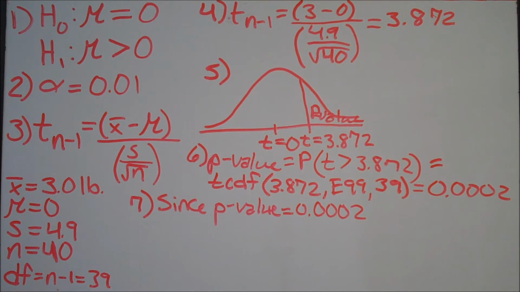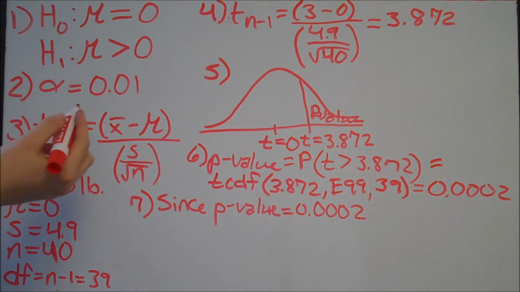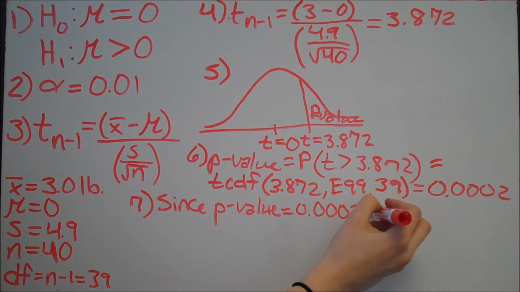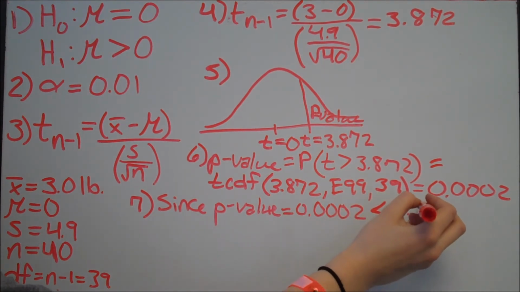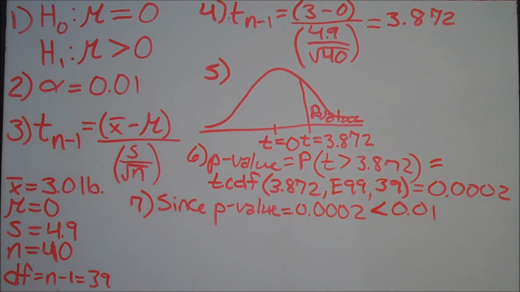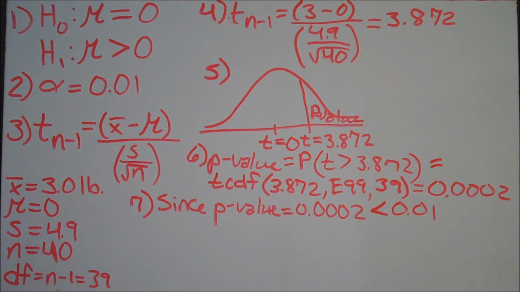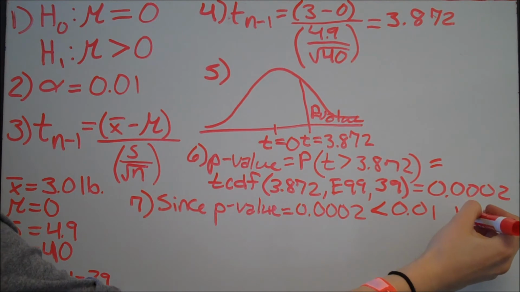Our significance level was 0.01, so this is less than our significance level. If your p-value is greater than your significance level, you fail to reject your null hypothesis. But if it's less than, like we have here, then we will reject the null hypothesis.